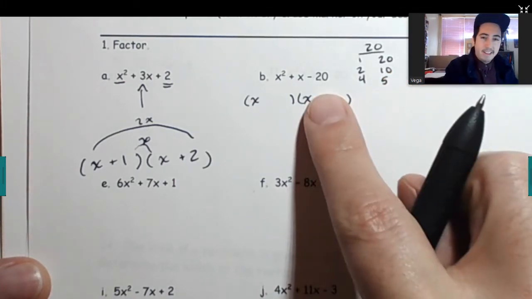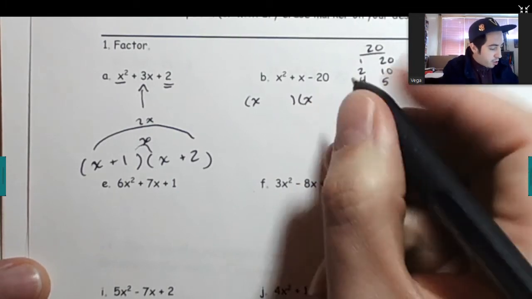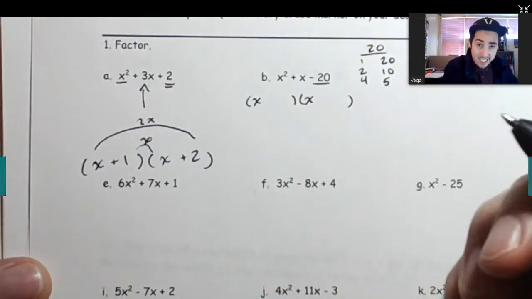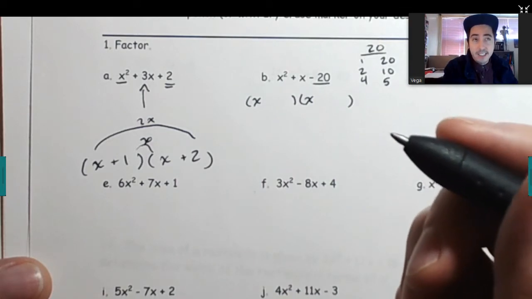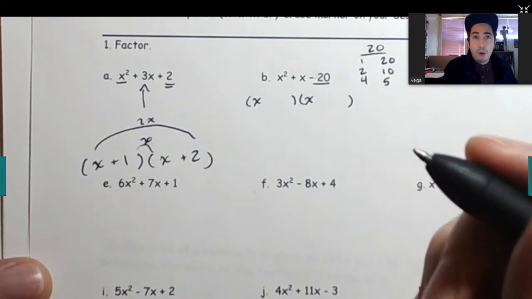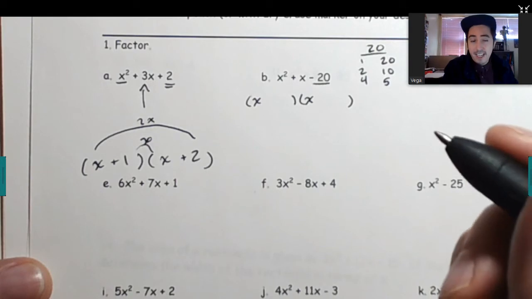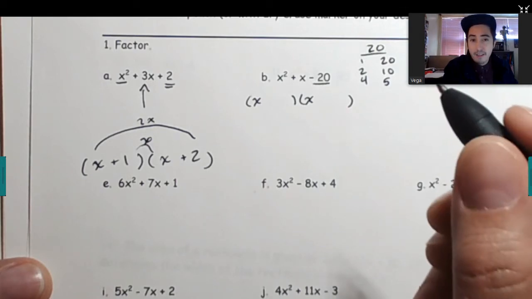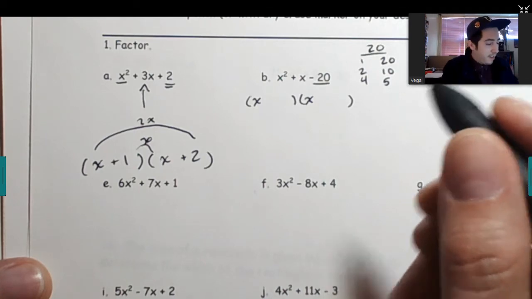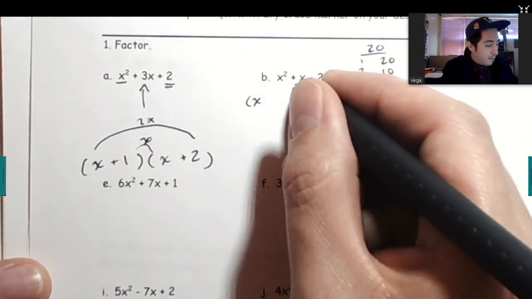And I know that one of them has to be negative, because the only way to multiply two numbers together and end up with a negative product is if one of those numbers is negative. And they add up to positive 1.